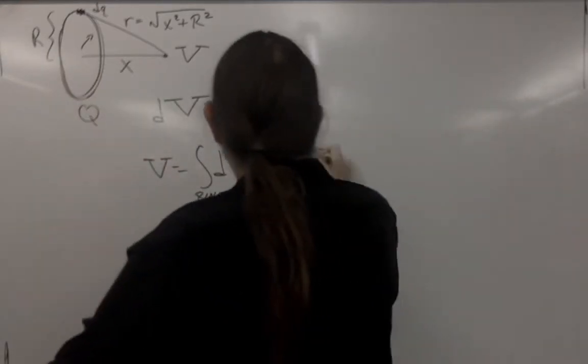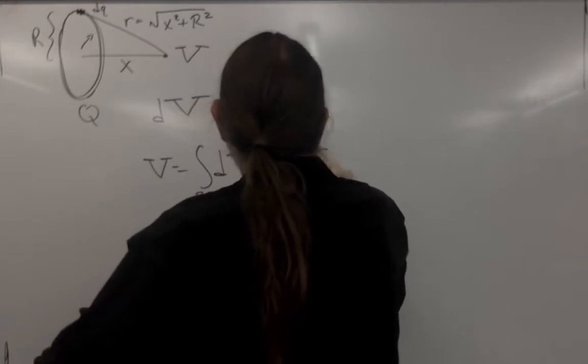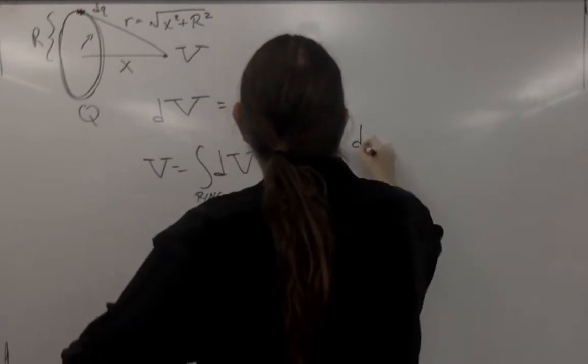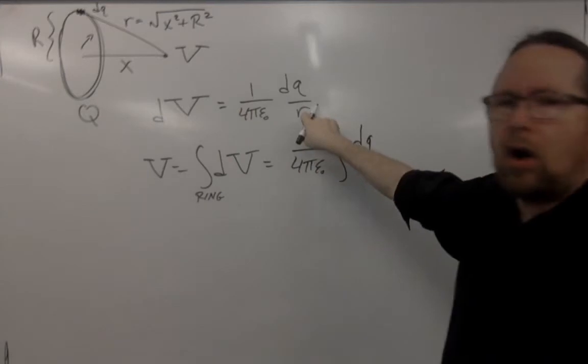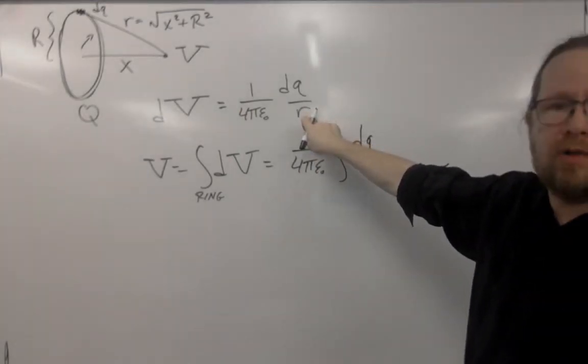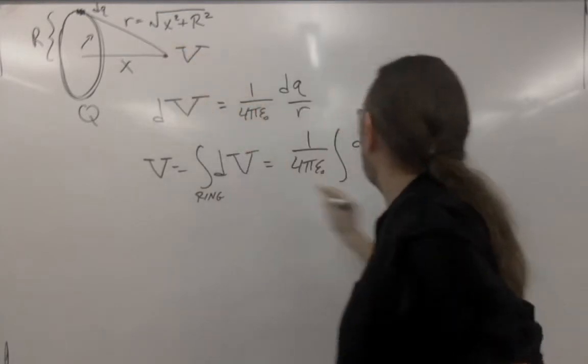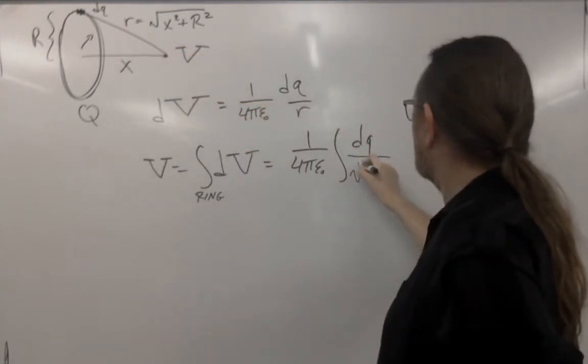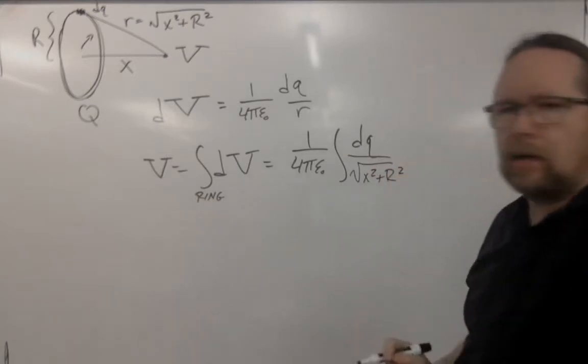That always comes out of our integral. dq over r, where r is the distance from our point in space to our little bit of charge dq, which in our case is always the same. It's the square root of x squared plus r squared.